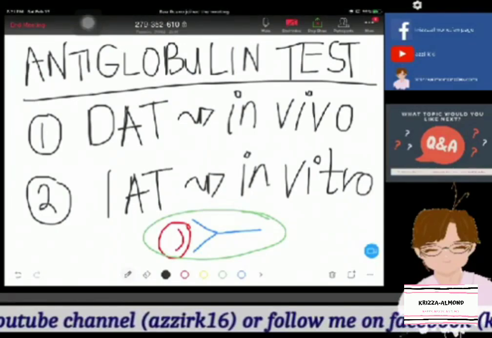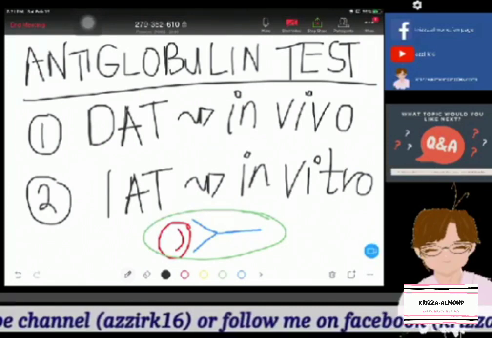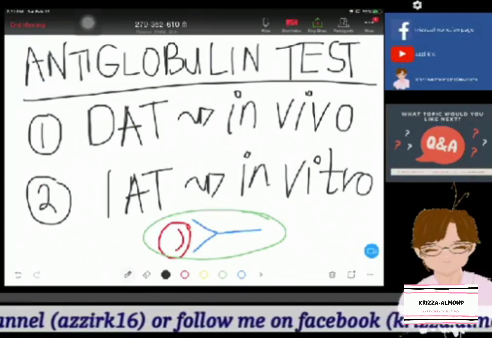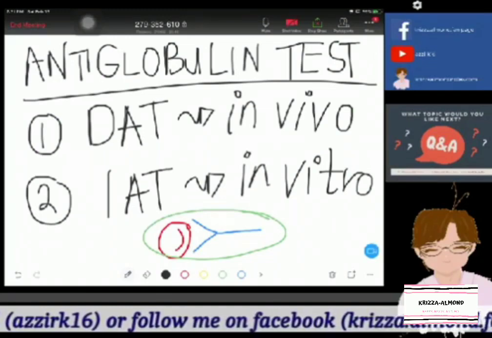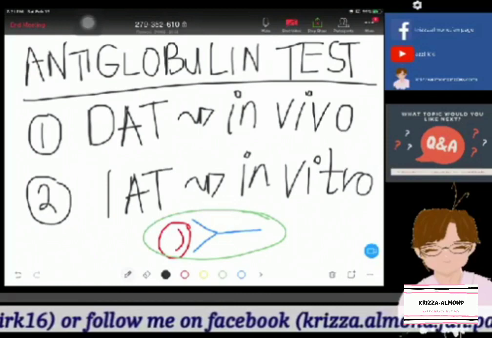Okay? So one more time, just to remind us again about the definition of the word. Sensitization refers to the binding of our antigens on our red cells and the antibodies present, if ever there are. Alright?